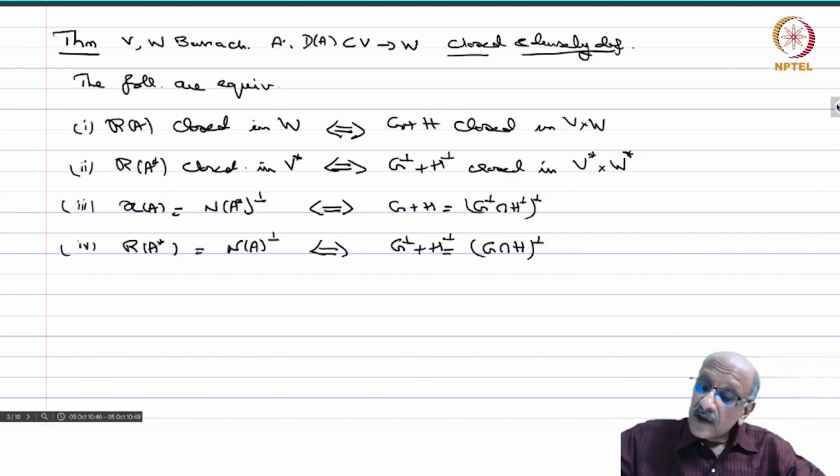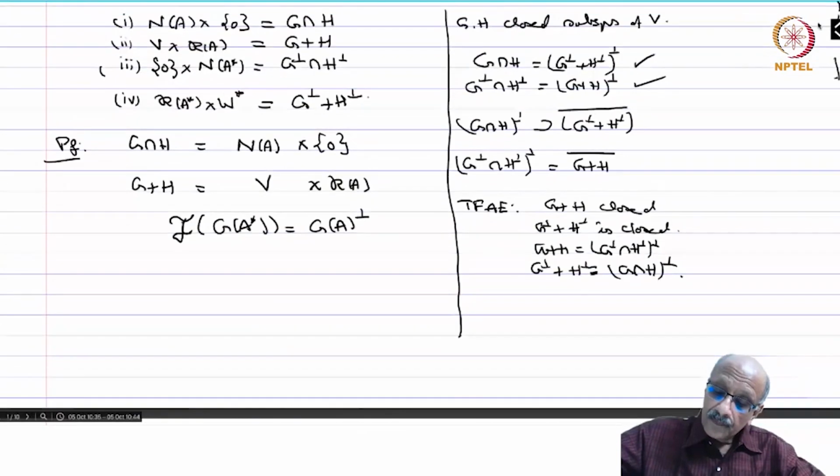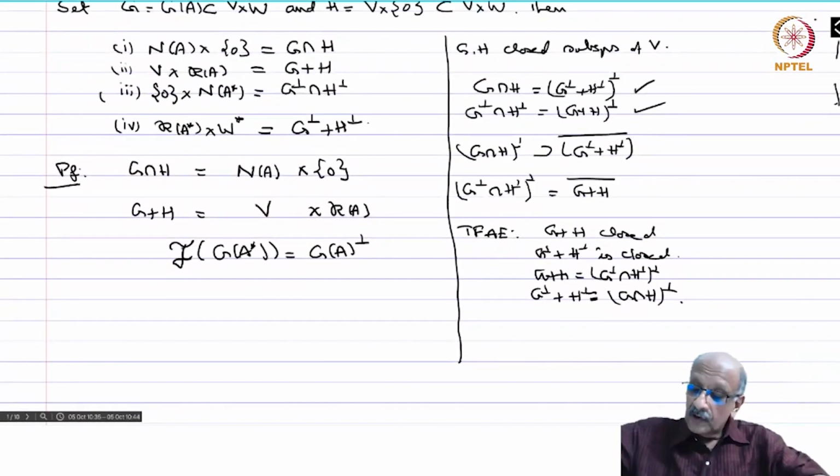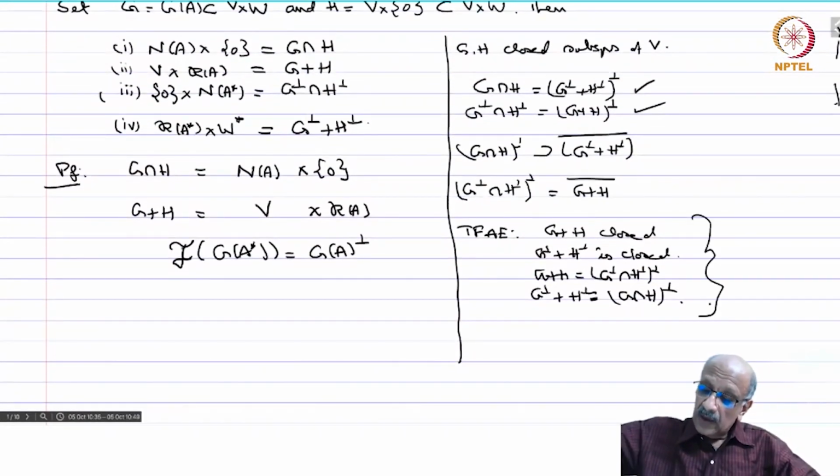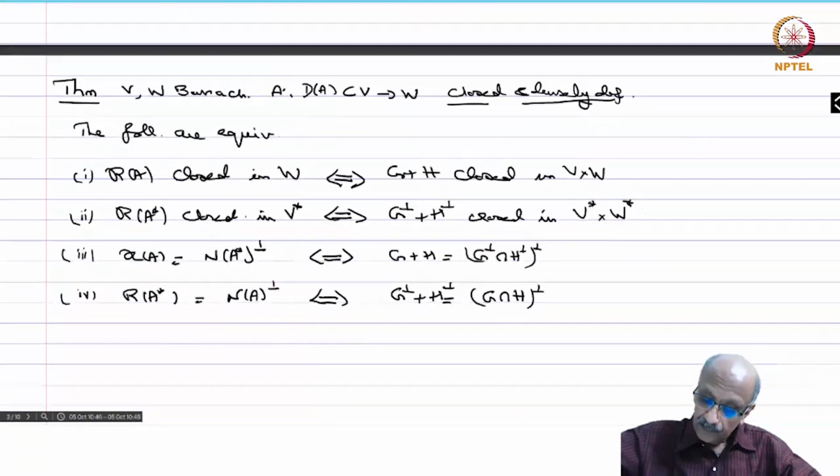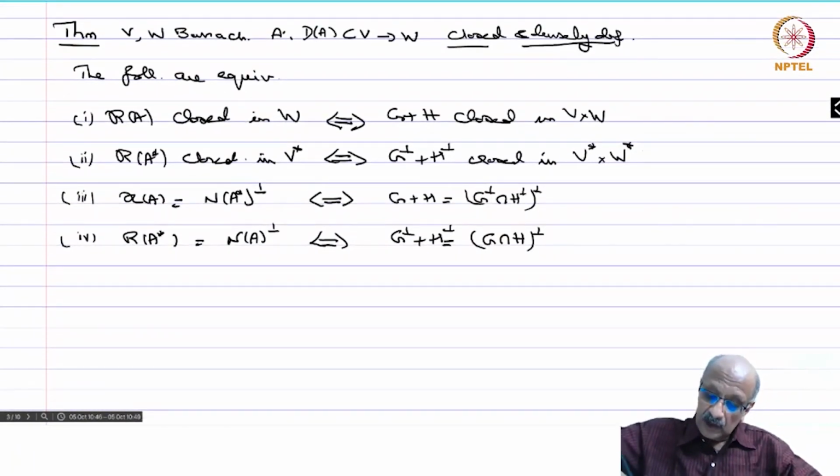But this theorem we have already shown. The following are equivalent. So we have these 4 statements here, and that is exactly what we had earlier. So that completes the proof. There is no need to prove it again.